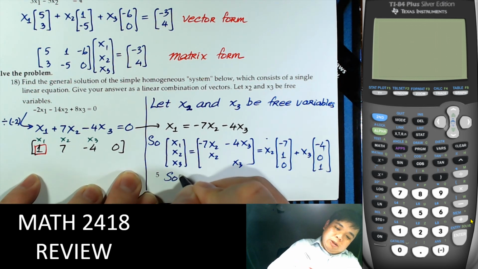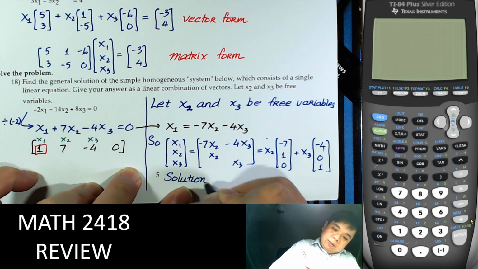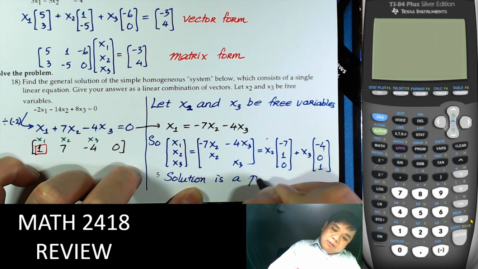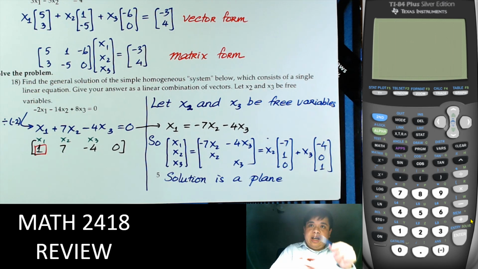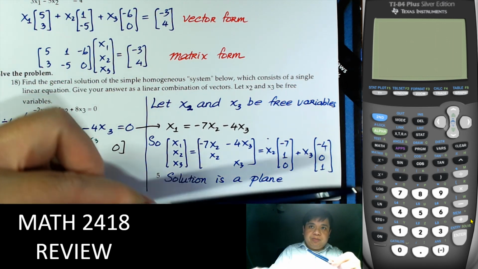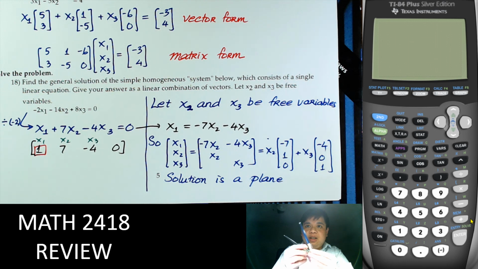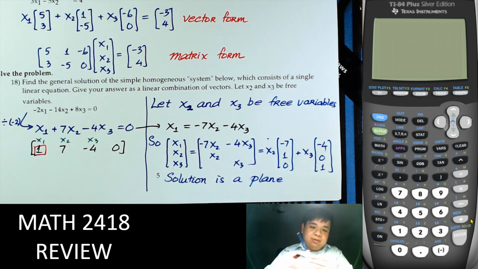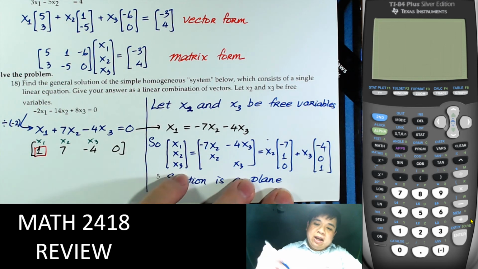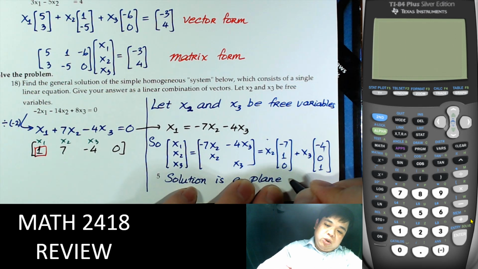The solution is a plane because it requires two parameters. If there's only one vector, that will be a line. Two vectors, it will be a plane, in 3 dimensions, because these are vectors in 3 dimensions.